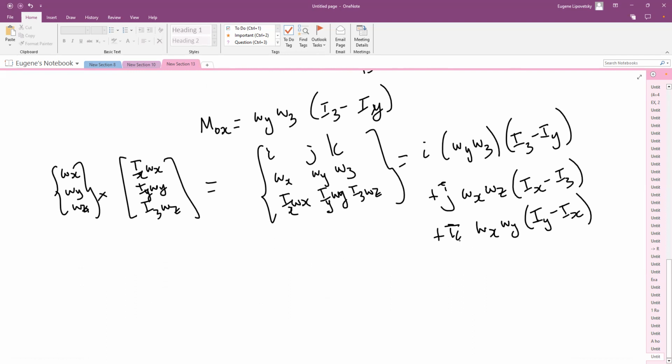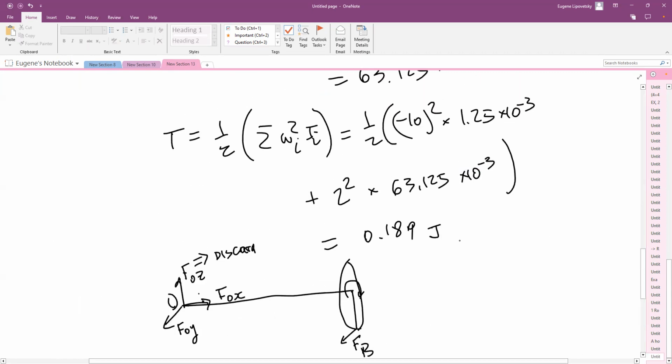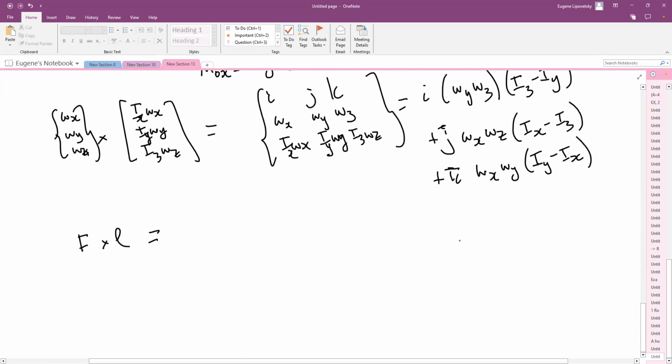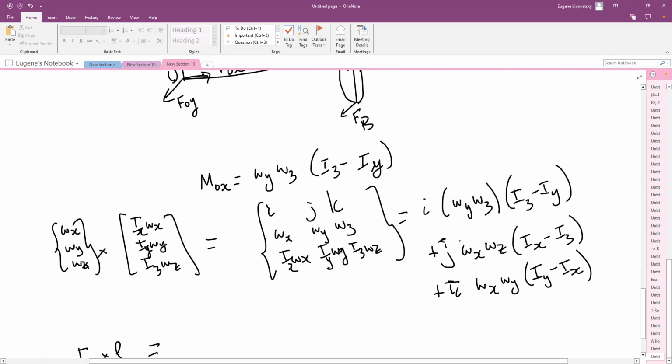The MOX equals to the friction force times L. Okay. And it's going to be rotating about x-axis in the same direction, right? Okay, equals to the omega y, which we have as 0. No, that's not right.